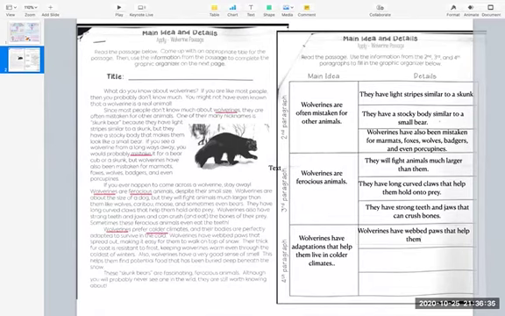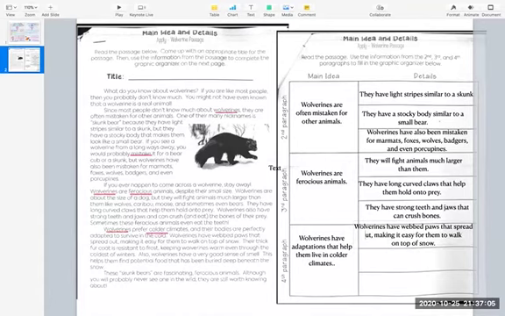I got that wrong. Wolverines have webbed paws that spread out, making it easy for them to walk on top of snow. Yes, that is my first detail.